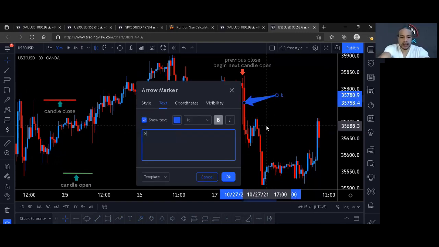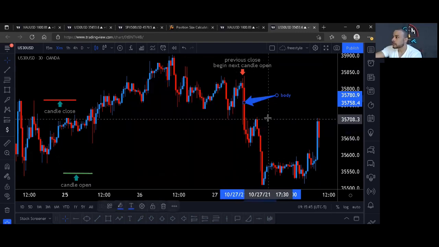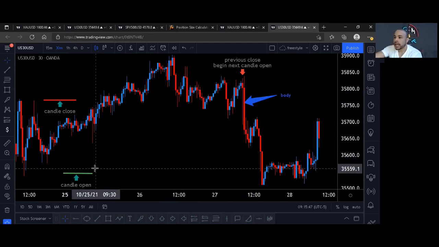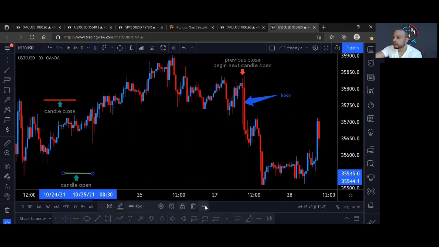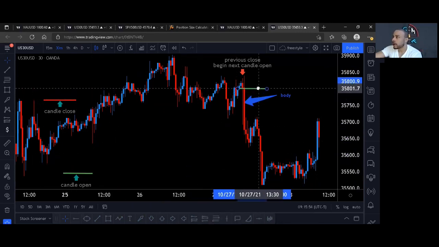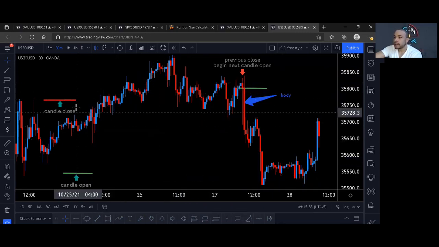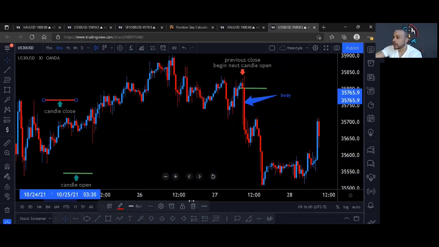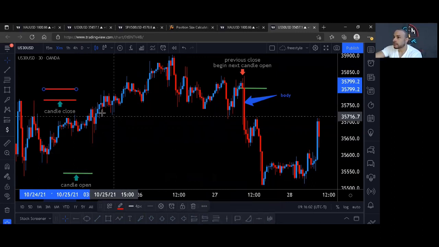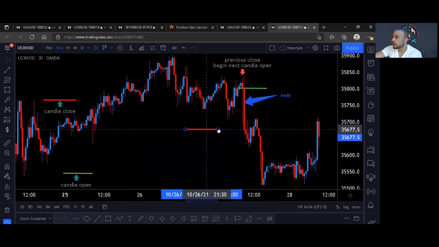This is the body of the candle. We have the open of the candle right here. We have the close of the candle right here.